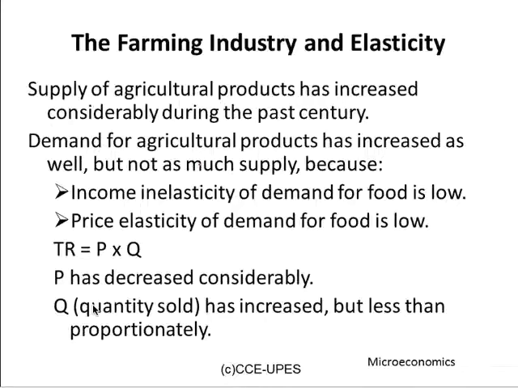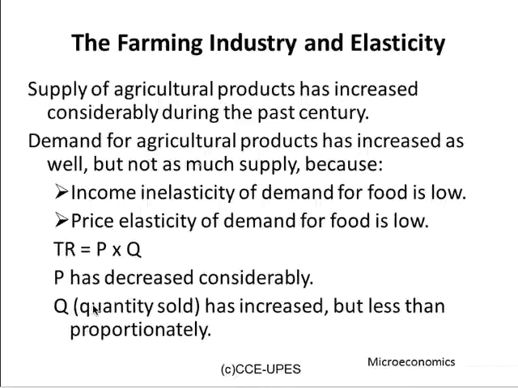Now let's look at the elasticity, or the responsiveness of supply and demand to the price of the product. Supply of agricultural products has increased considerably during the past century or the past 10 years also.